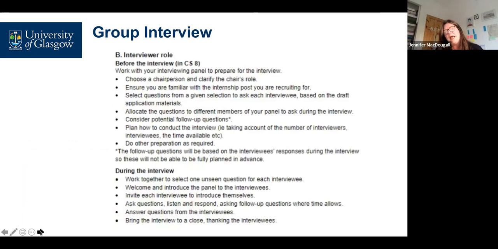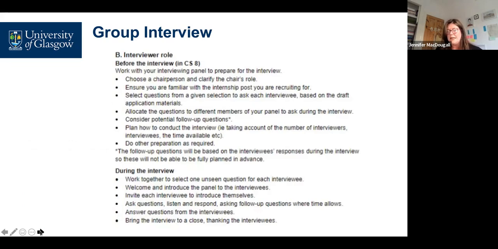Okay, so then after they've written their profiles and done all that work, they go into a group interview situation, and they take part as both interviewer and interviewee.